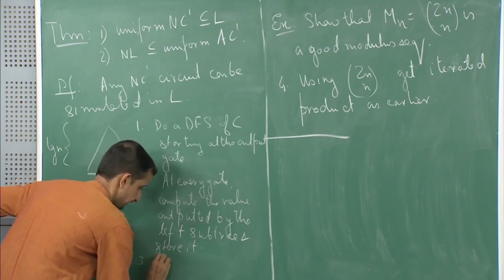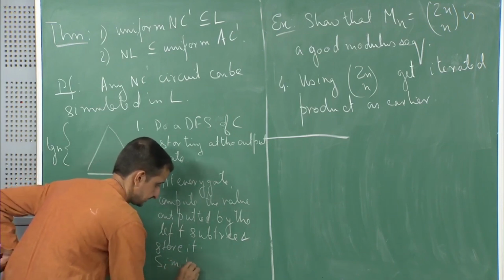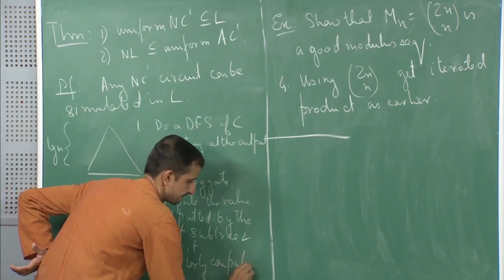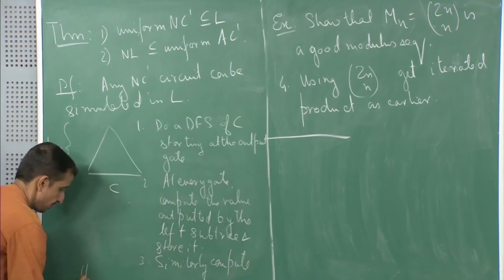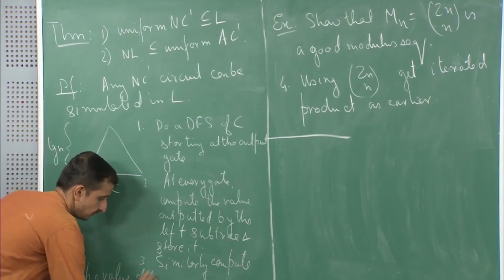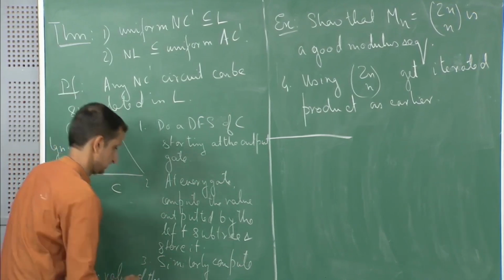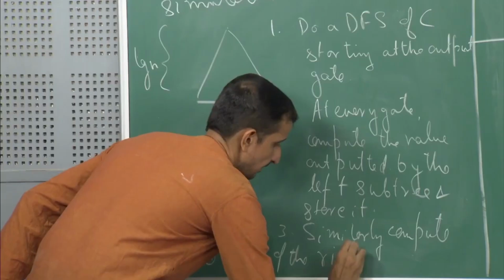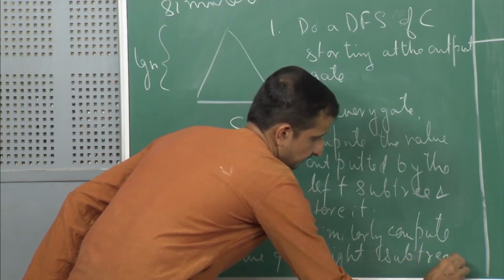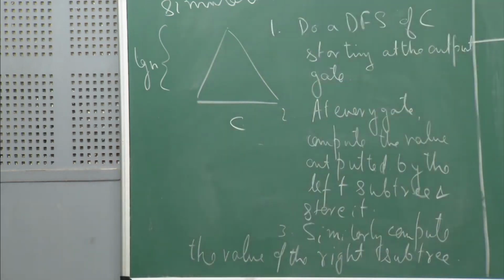Then similarly compute the value of the right subtree.